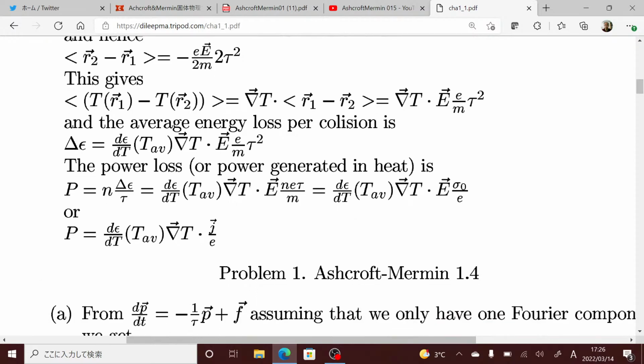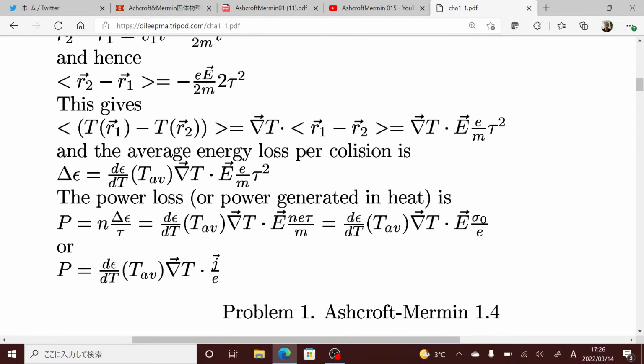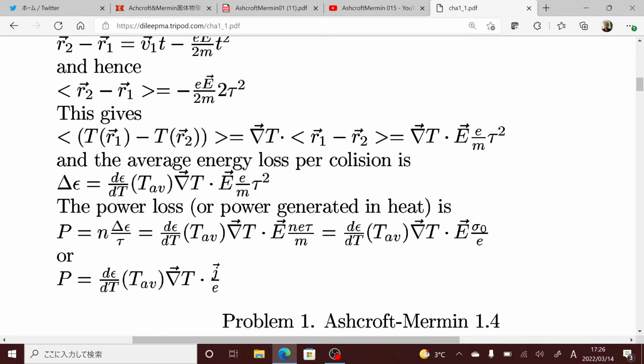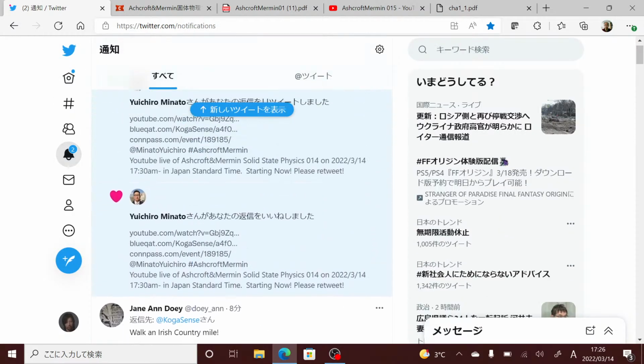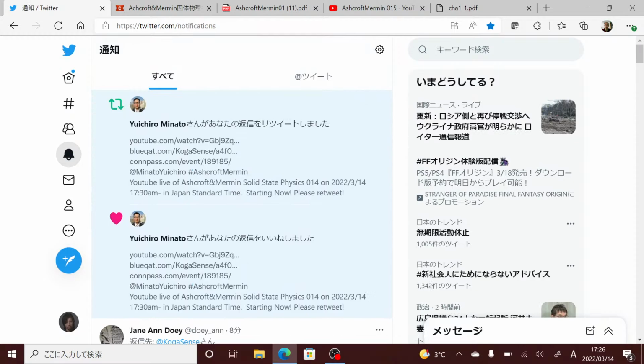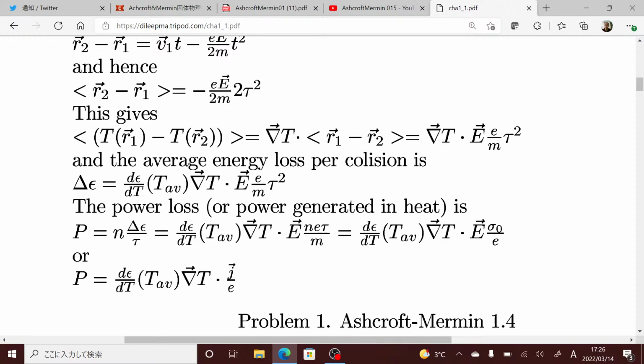The power loss, it's complicated. Very complicated, but I think one can follow this argument.